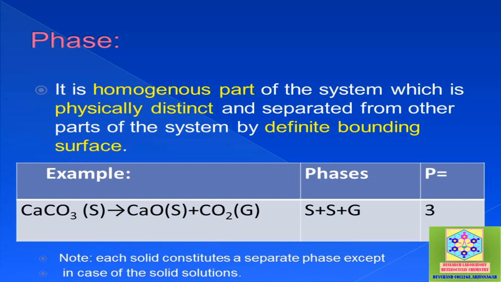So P is equal to 3 for such a system. Here we should note that each solid constitutes a separate phase, except in the case of solid solutions, because in solid solutions the two or many solids form a homogeneous system itself.